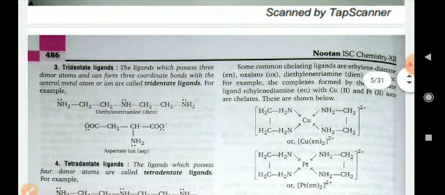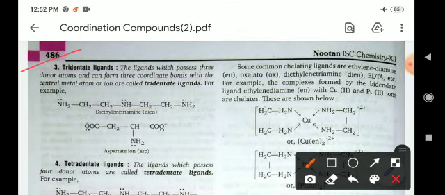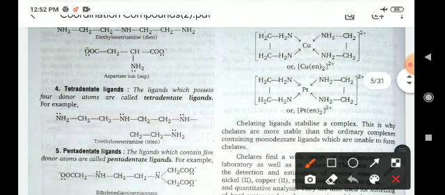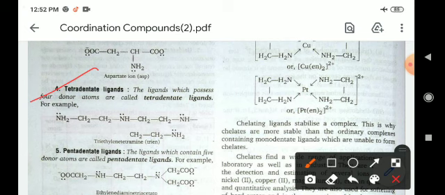Now come to the tridentate ligands. Those compounds in which three atoms can donate electrons are known as tridentate ligands. For example, NH2CH2CH2NHCH2CH2NH2. Here three nitrogens can donate lone pairs of electrons, so it is an example of a tridentate ligand. Now tetradentate: four atoms which can donate lone pairs of electrons to the central atom are known as a tetradentate ligand.